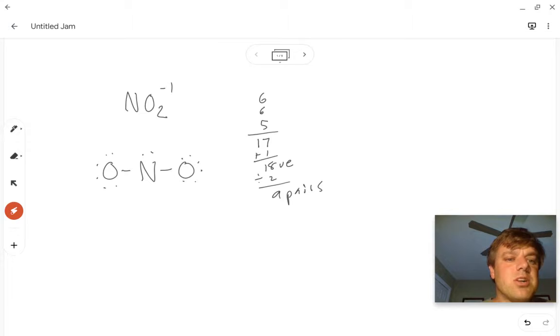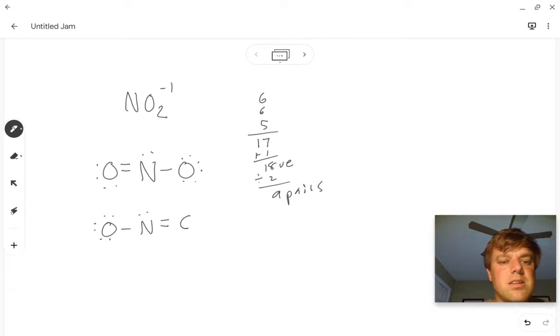So we can borrow a pair from either one of the oxygens. And if we borrow one from here, then we make a double bond on that side, or we could have done it the other way and made the double bond with the other oxygen.